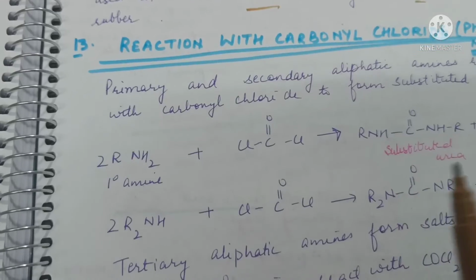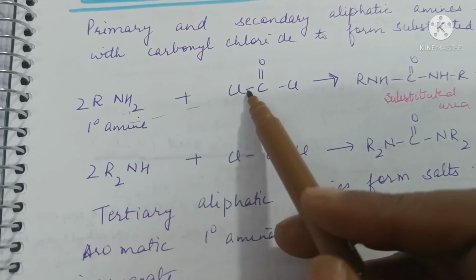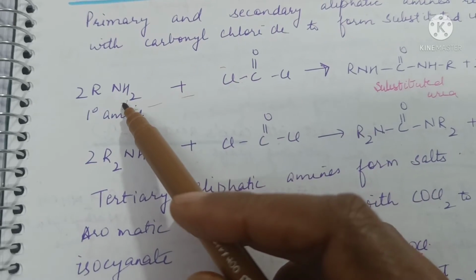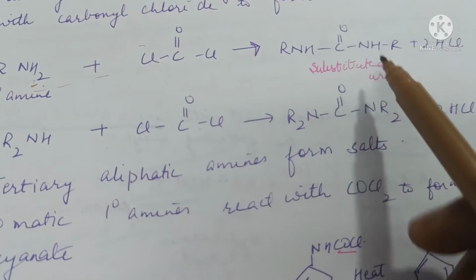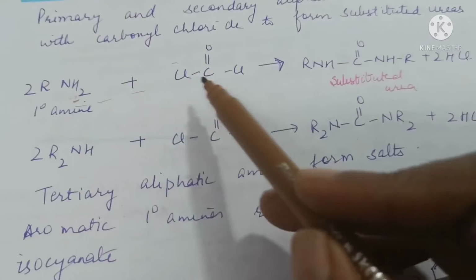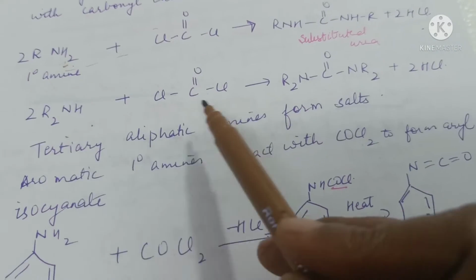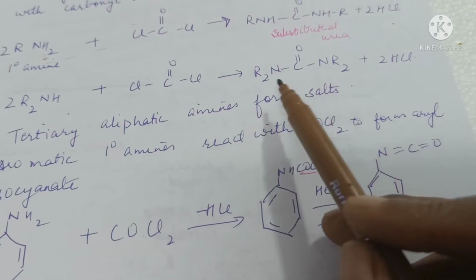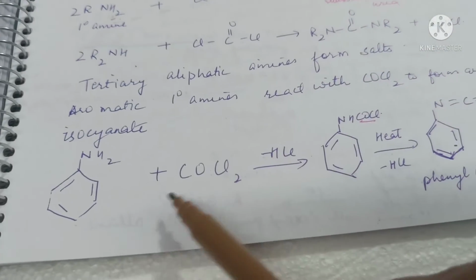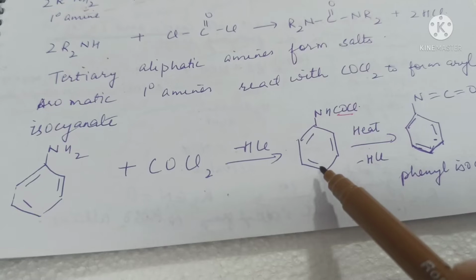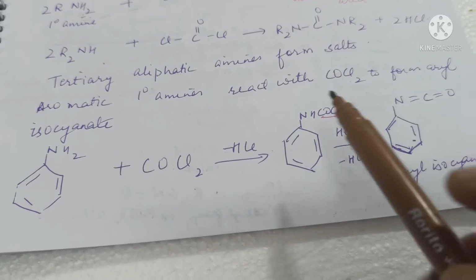Reaction with carbonyl chloride, the H of primary amine will combine with Cl of carbonyl chloride to form substituted urea. This happens on both ends along with HCl. Secondary amines will also combine to form tetraalkyl substituted urea. Aromatic amines will form alkyl isocyanate.